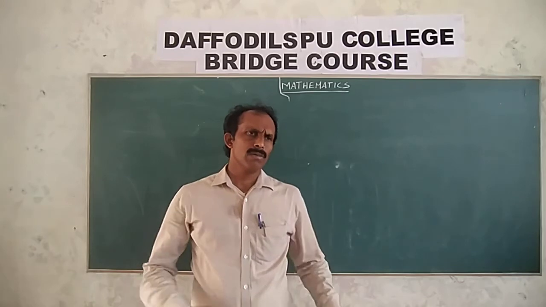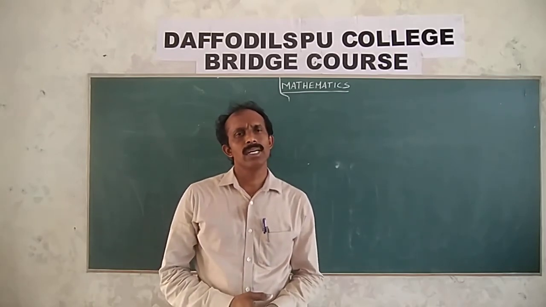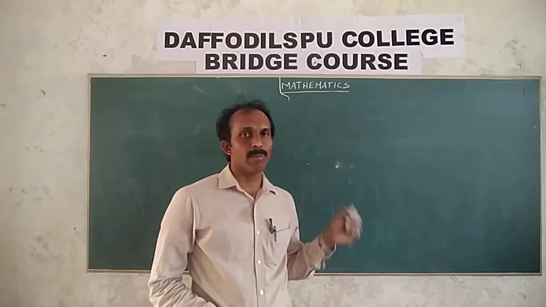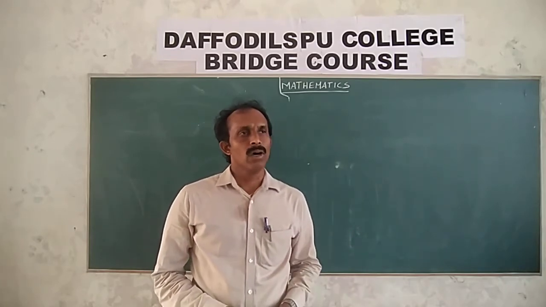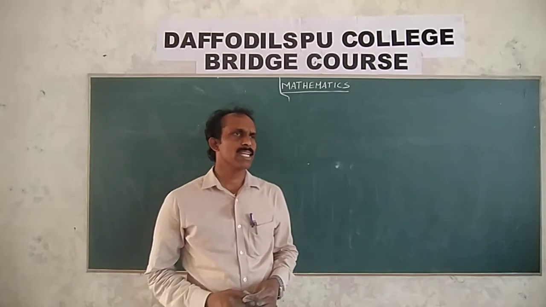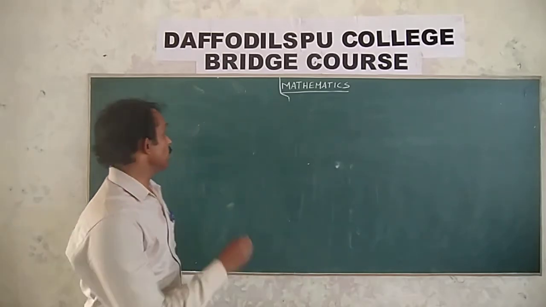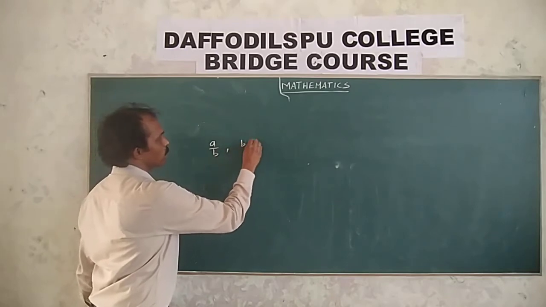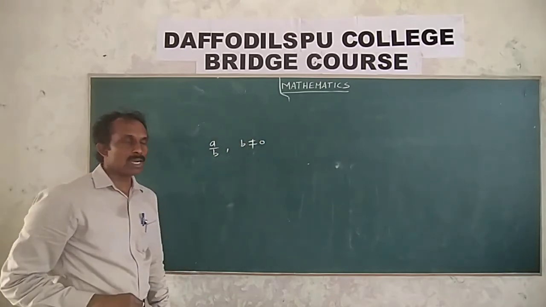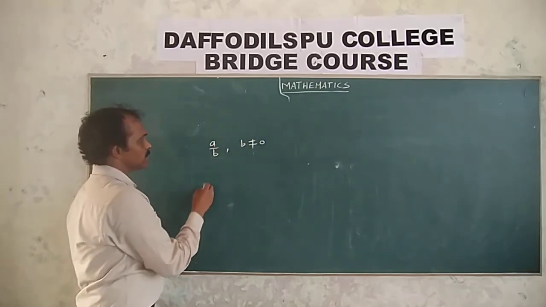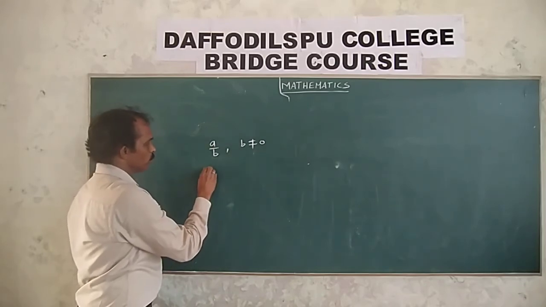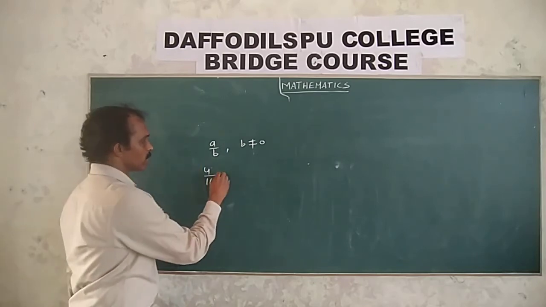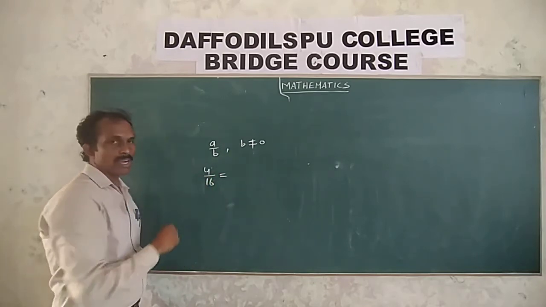Next we discussed rational numbers and irrational numbers also. Irrational numbers, how to represent them on the number line, I also explained. Next, rational numbers. What are rational numbers? Rational numbers are in a by b form, and b not equal to 0, right? Suppose 4 by 16 is also in a by b form, but common factors are there.